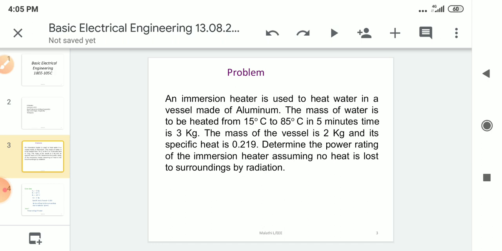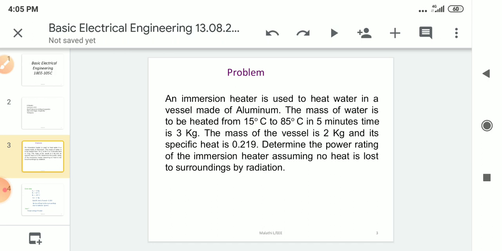Initially, before switching on the supply, the water is at room temperature. After giving that electricity, the warming of water takes place. Then the temperature is raised from theta 1 to theta 2 degrees centigrade.